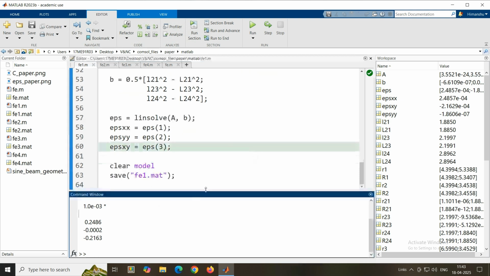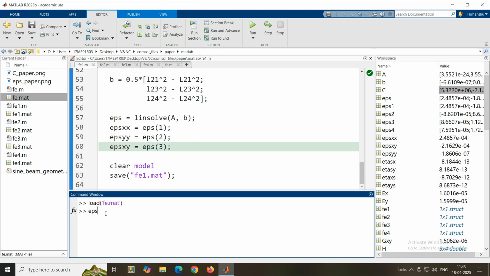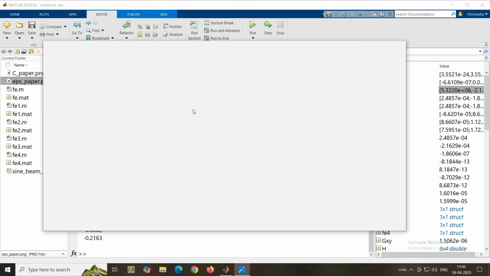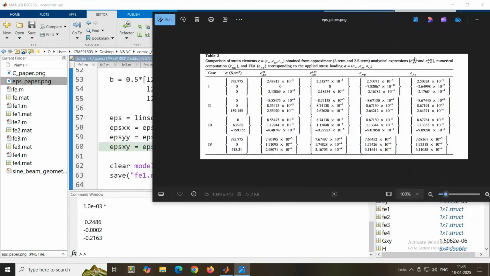I'll show this strain and compare it with the one given in this paper. So this is the one we are looking for, and we can see it matches quite well with the paper.